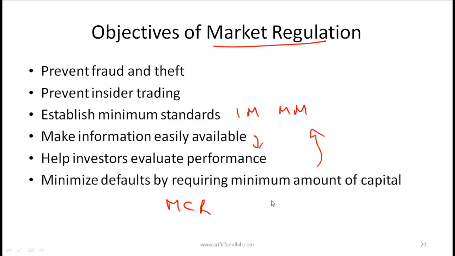When brokers do margin lending, they ensure that investors have a certain amount of money as collateral in their accounts. When futures transactions take place, there again brokers require that there is a certain amount of minimum capital in the accounts of the traders, and so on.